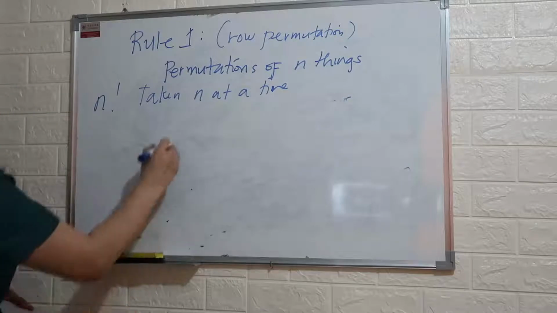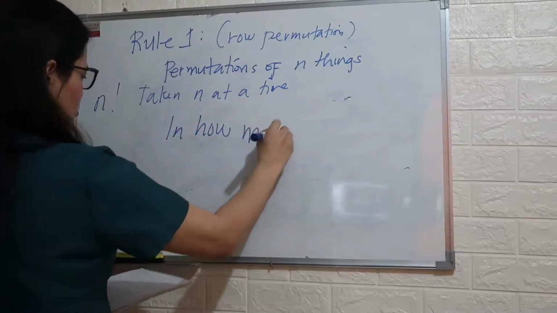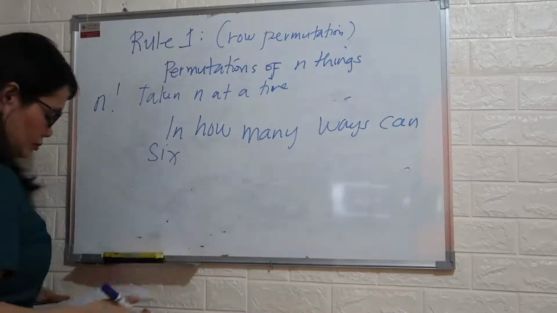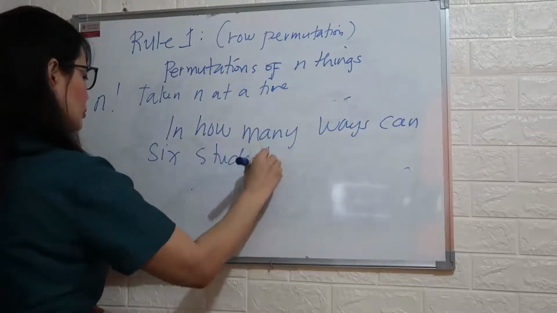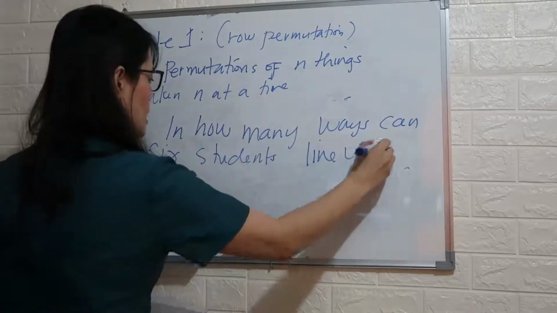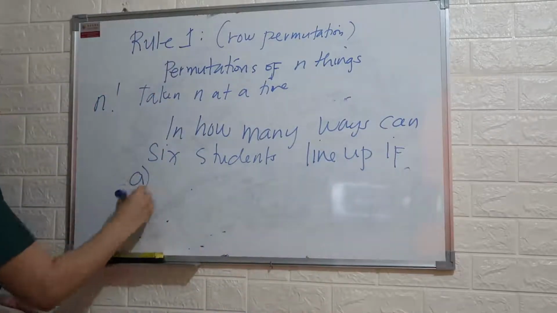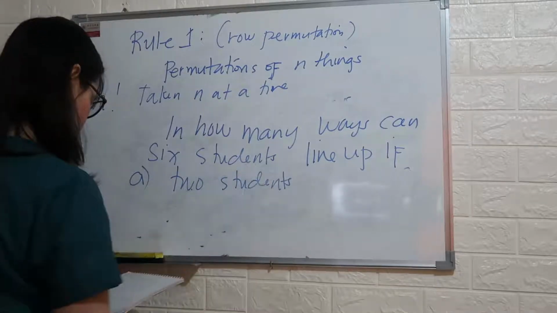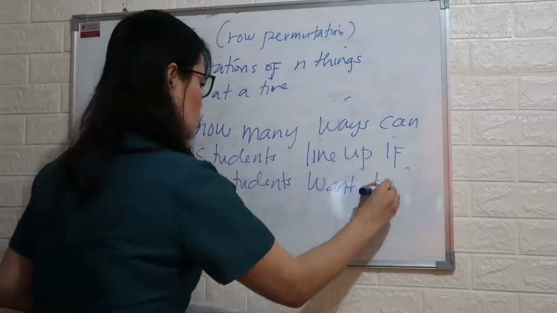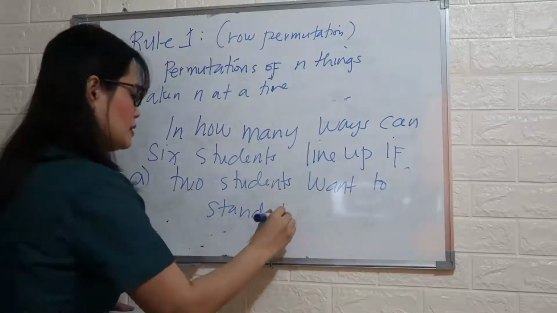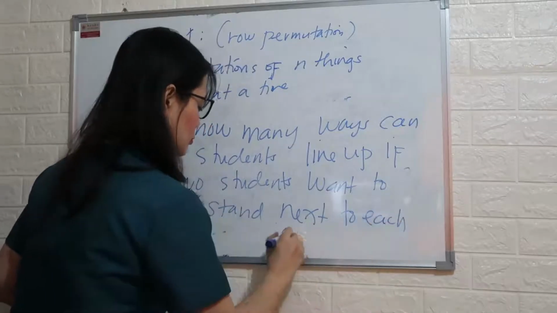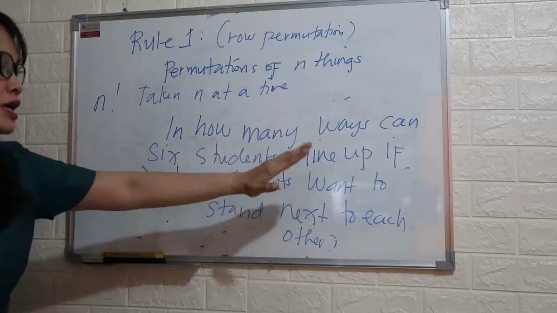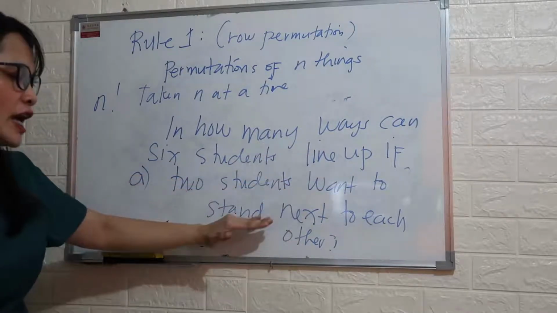Let's say the given is, in how many ways can 6 students line up if 2 students want to stand next to each other?